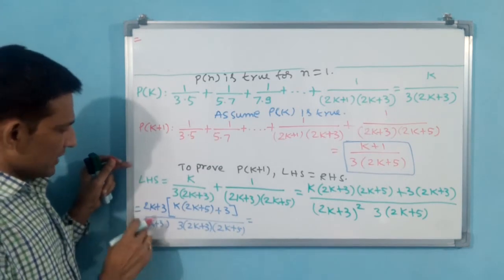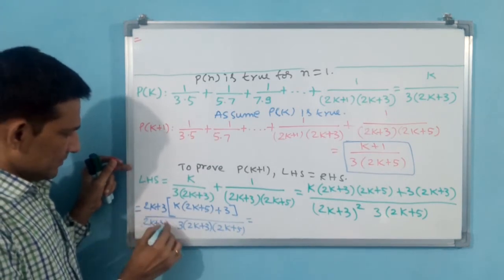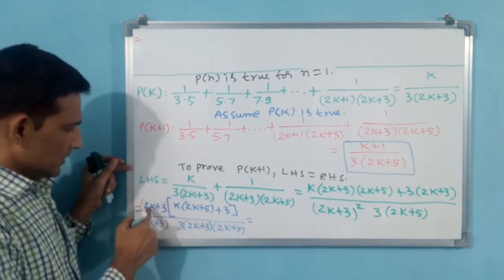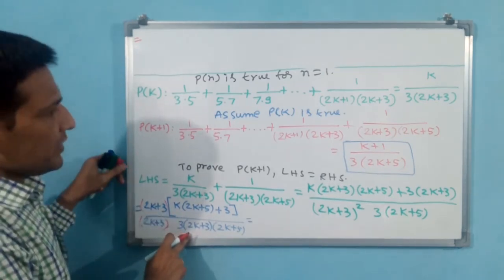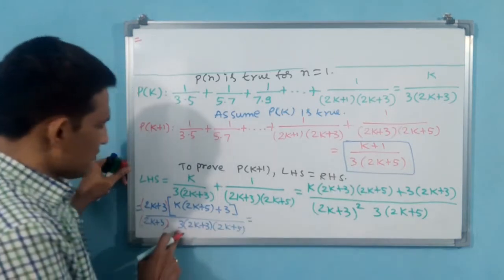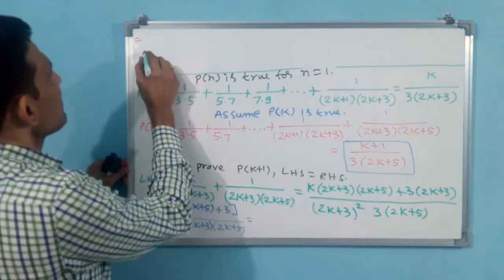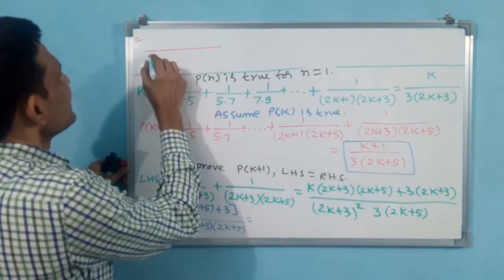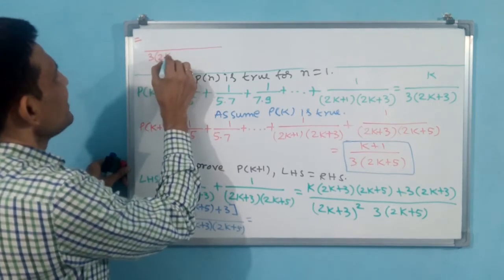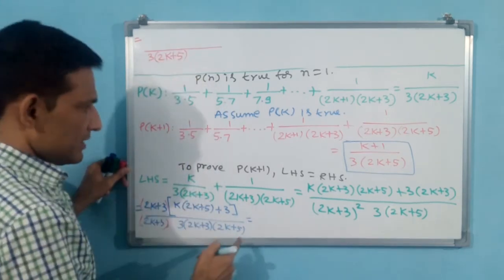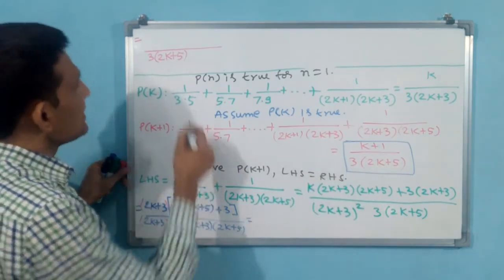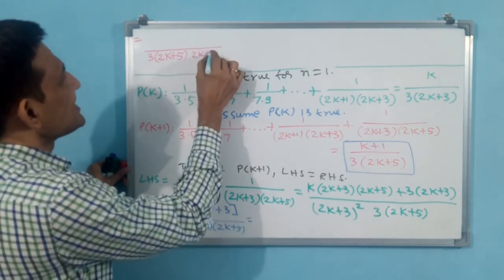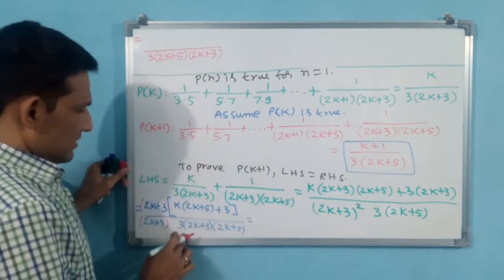Both 2k plus 3 are cancelled. Now see, denominator 3 into 2k plus 5 has to come. 3 into 2k plus 5. What I am writing, you see here. 3 into 2k plus 5 I have written. 2k plus 3 additionally I am writing separately.